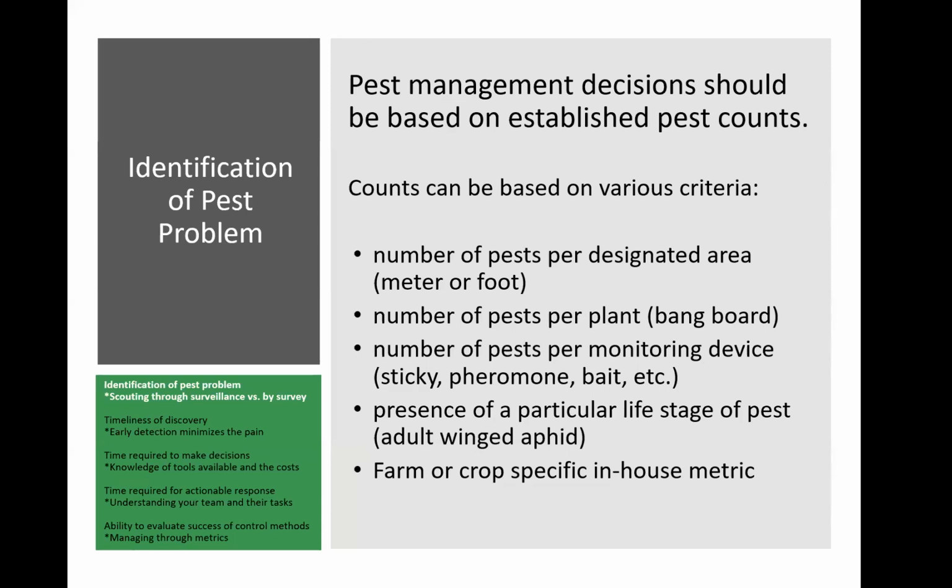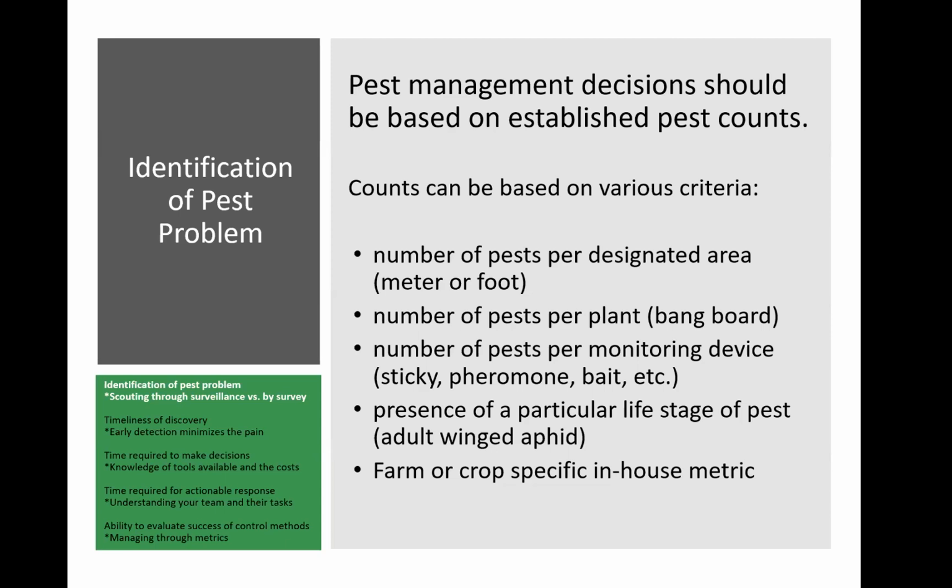You can count the number of pests per designated area, square meter or square foot, number of pests per plant, or the bang board, or hanging a sheet underneath and shaking your crop. Number of pests per monitoring device, whether sticky board, pheromone trap, bait traps, however.